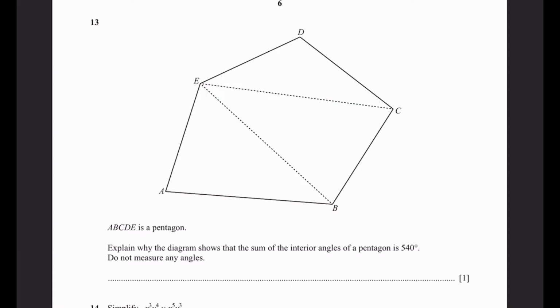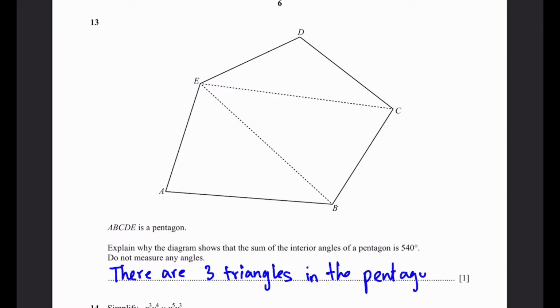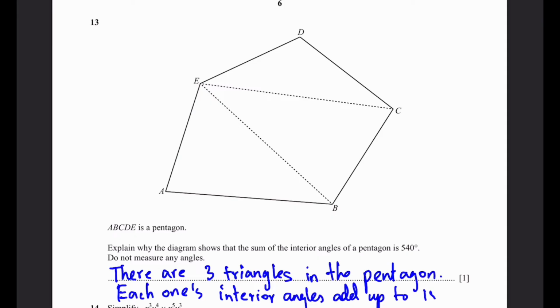So we'll write that down. There are 3 triangles in the pentagon. Each one's interior angles add up to 180 degrees.